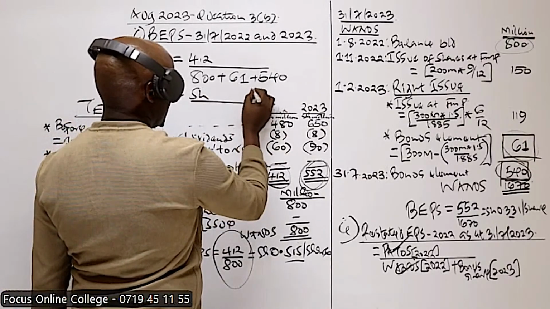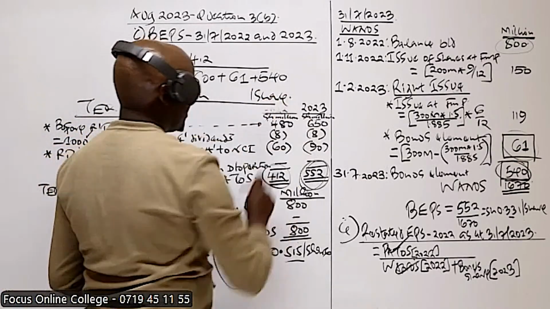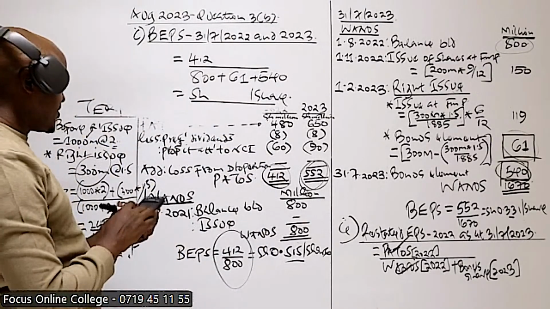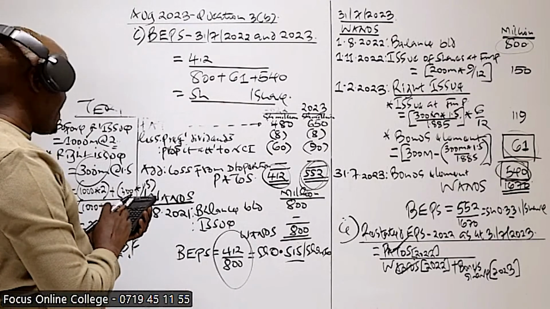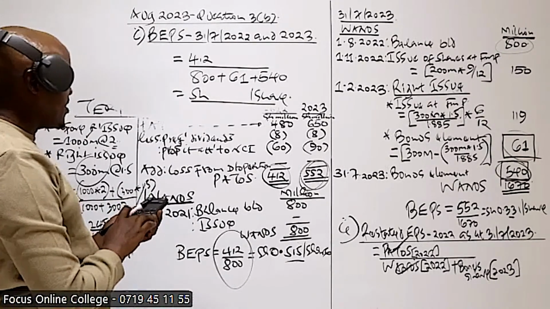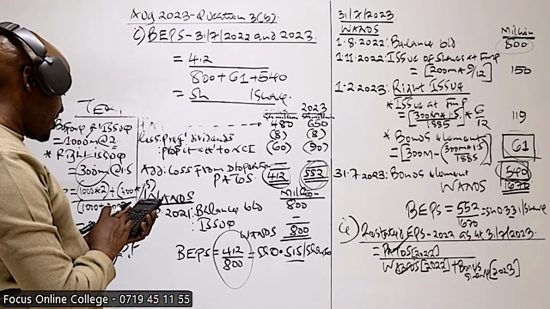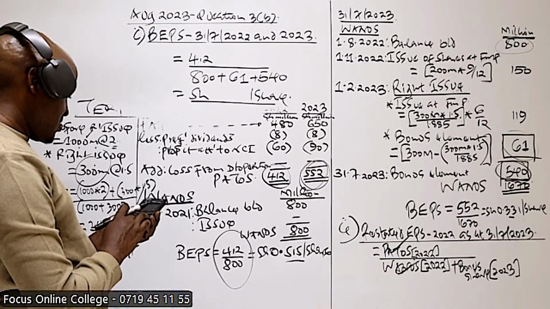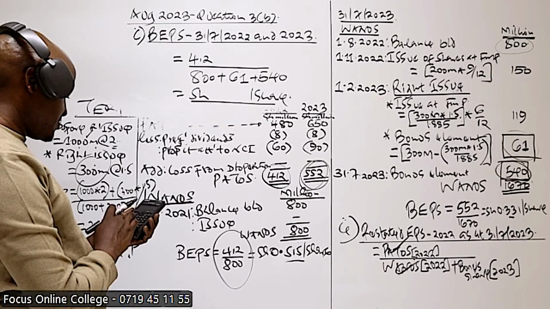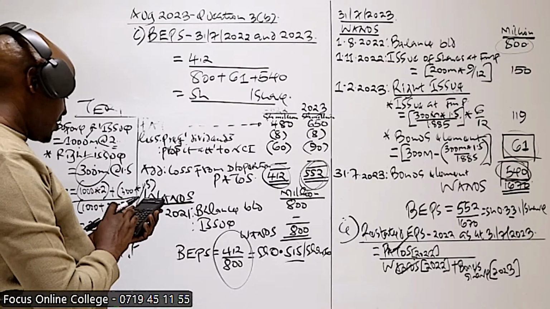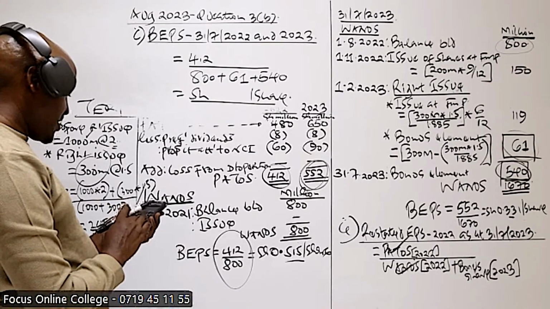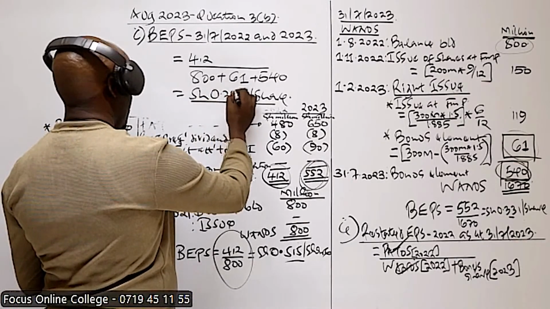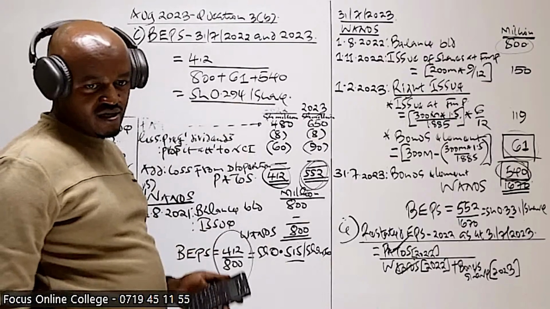And basically, we get what? The restated earnings per share for the previous year. So the restated earnings per share for the previous year will be 412 divided by 800 plus 61 plus 540. So we take 412 divided by the answer. And basically I'm getting 0.294 shillings per share.